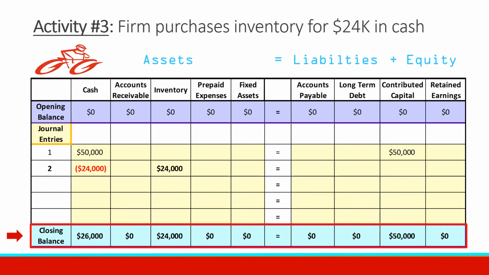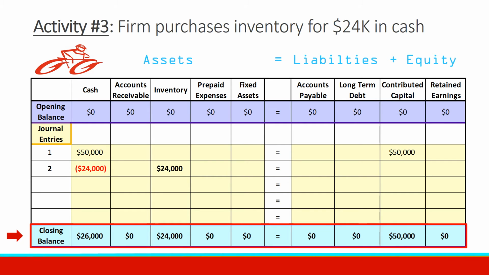Now let's look at the resulting effect of the second entry being added in to our books. If we look now at the closing balance, we will see cash has now dropped from its old balance of $50,000 down to $26,000. Another way of figuring out how much is in the bank right now is to start at the top of the column with the opening balance and add straight down, remembering that the number in brackets is a negative number.